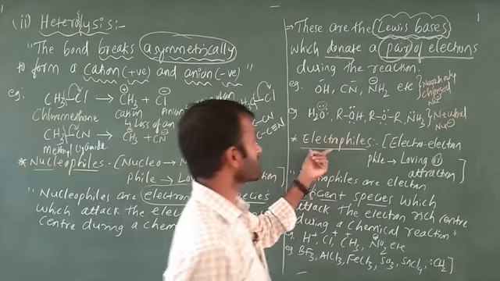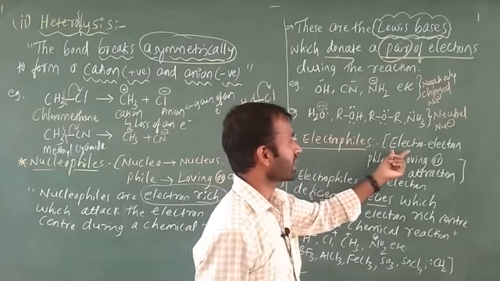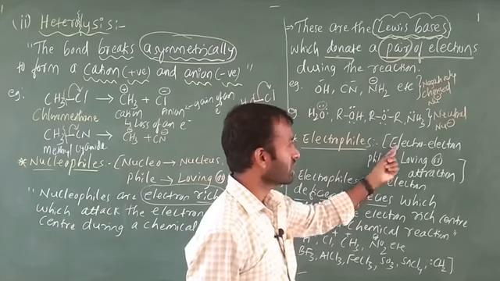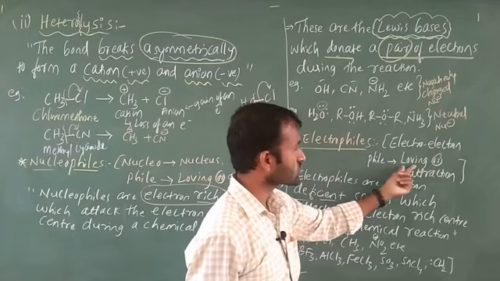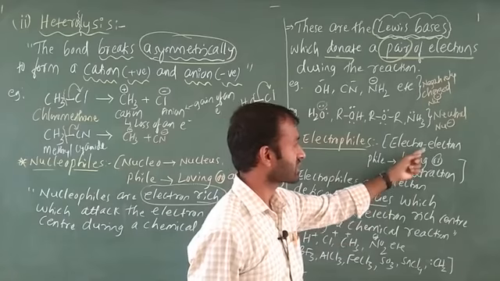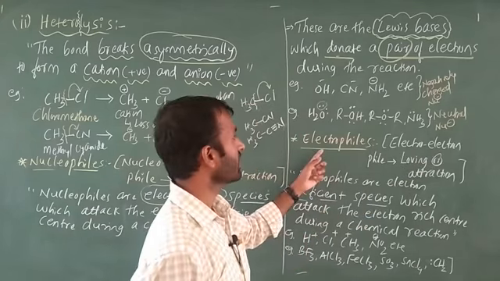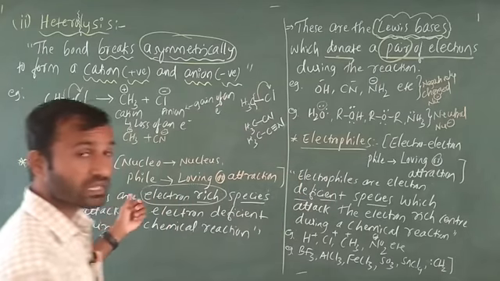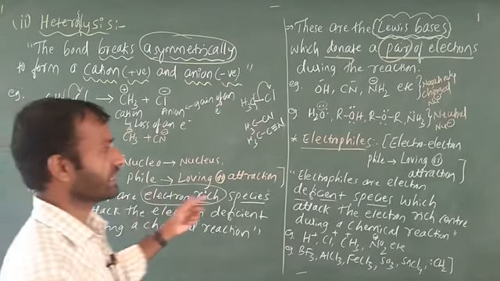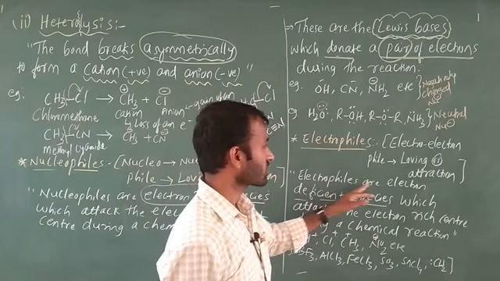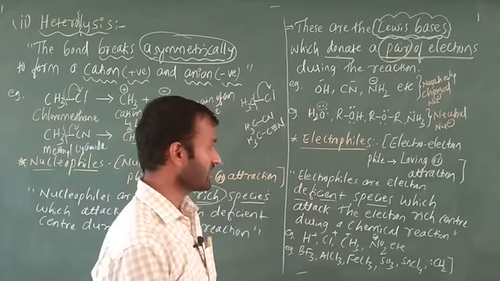Next are electrophiles. Electro means electron. Phile means loving or attraction. Electron-loving groups are called electrophiles, and nucleus-loving groups are called nucleophiles. Definition: electrophiles are electron deficient.